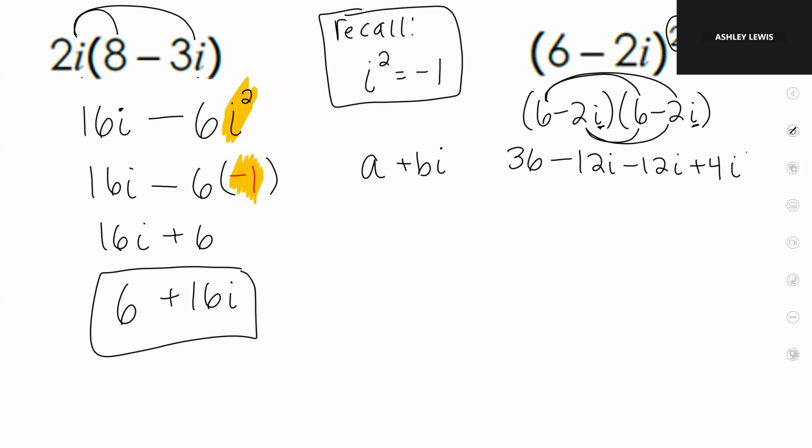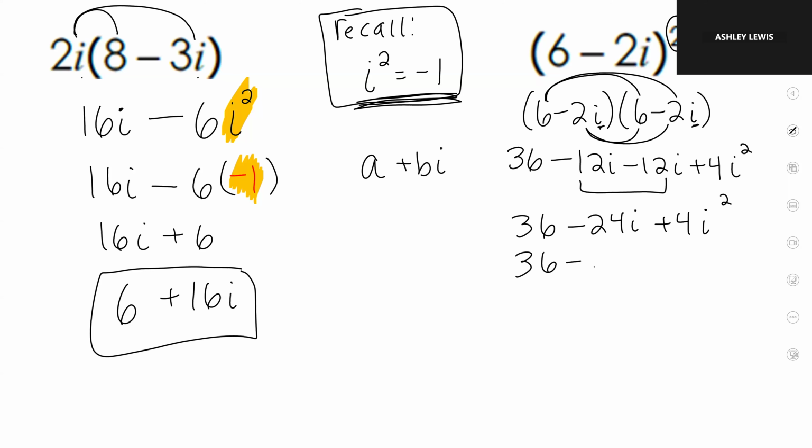So let's start simplifying this. What's negative 12i minus 12i? Good. Let's bring down the rest. Guys, didn't we just say i squared is negative 1? So guys, this is what I'm going to write. Plus 4, instead of an i squared, I'm going to put a negative 1 there.